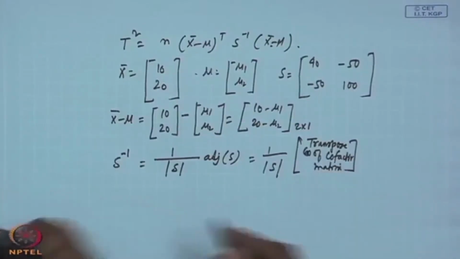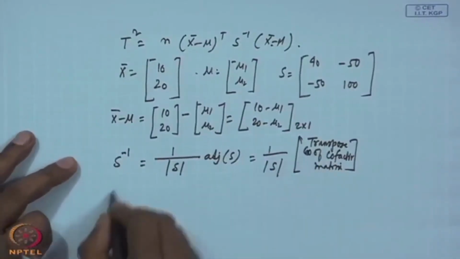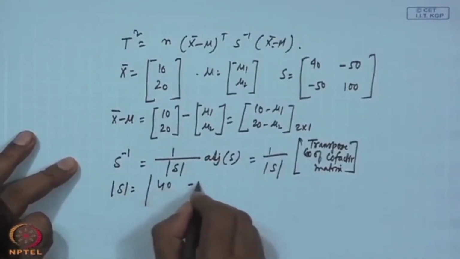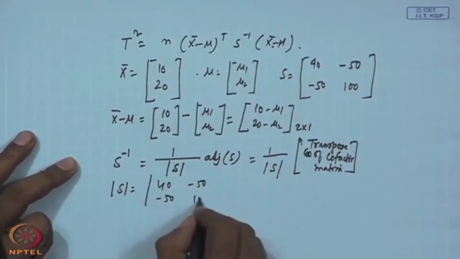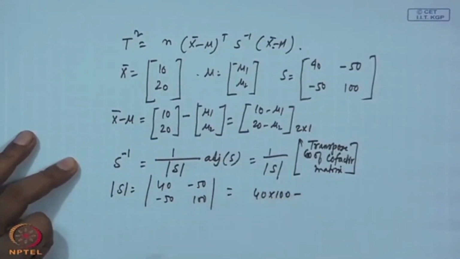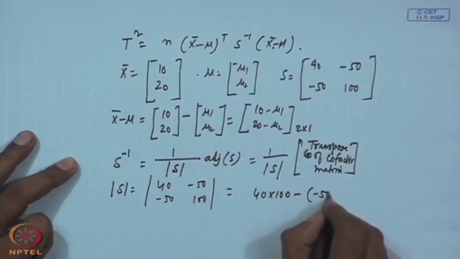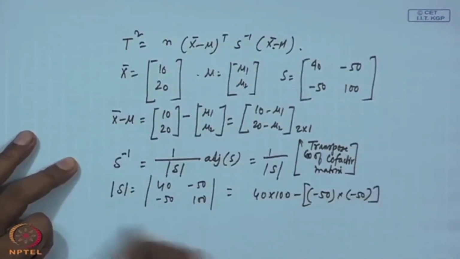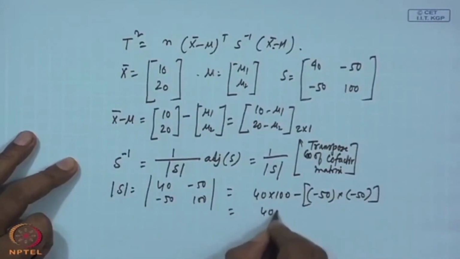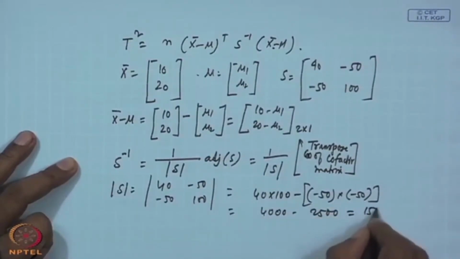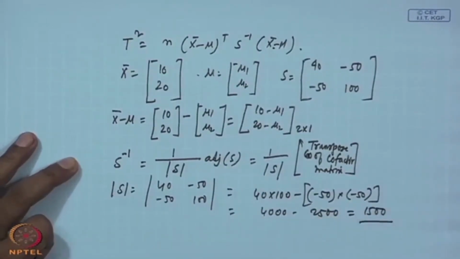Anyhow, we will see this. So, determinant of S is the determinant of [40, minus 50; minus 50, 100], which is 40 into 100 minus 50 into minus 50. So, this will be 4000 minus 2500, which is 1500.